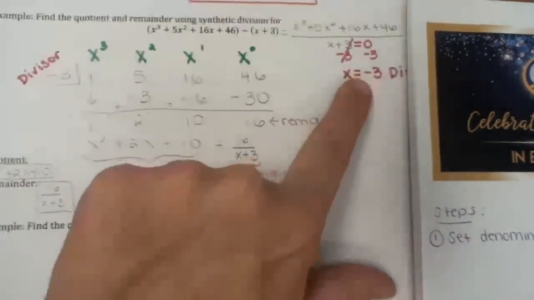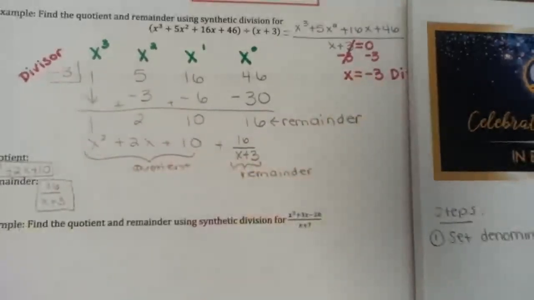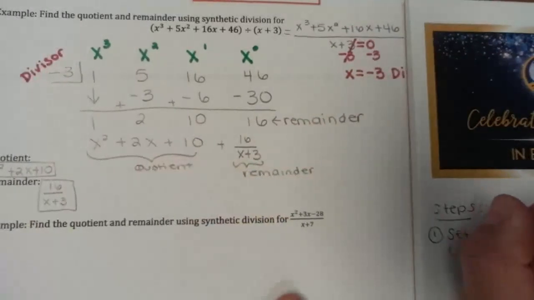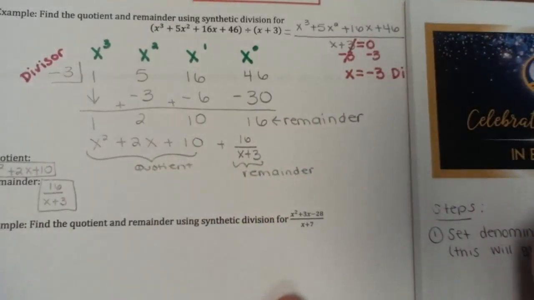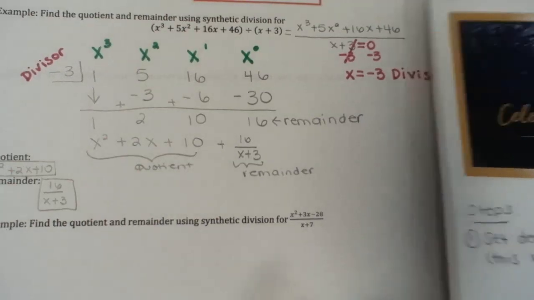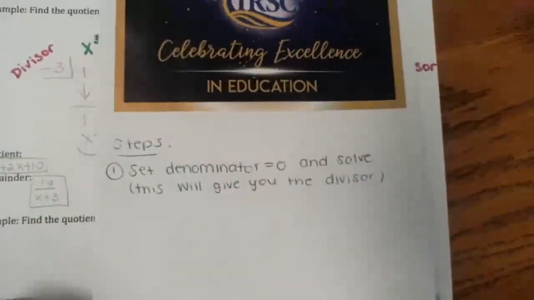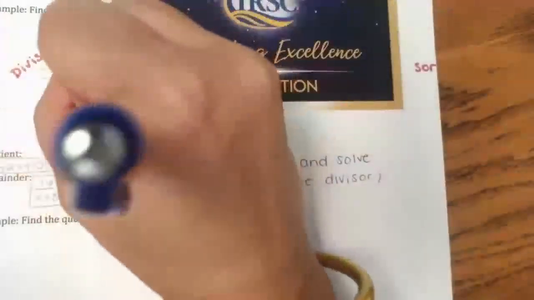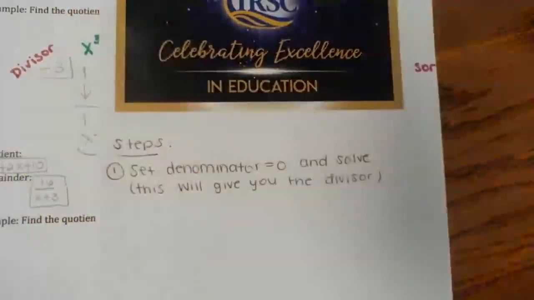Here we subtracted 3 from both sides. We got x equals negative 3. So for step 1, set the denominator equal to 0 and then solve. This will give you the divisor.